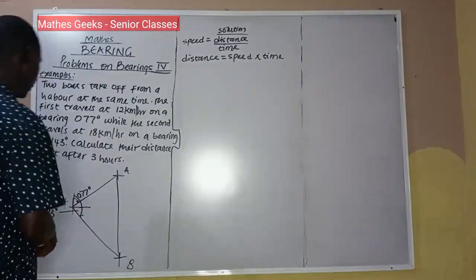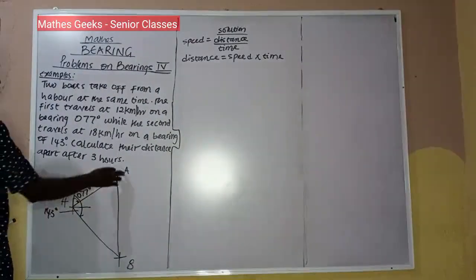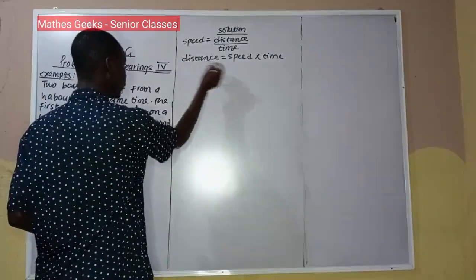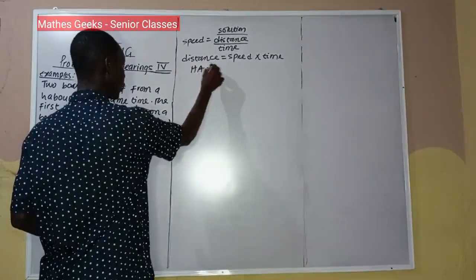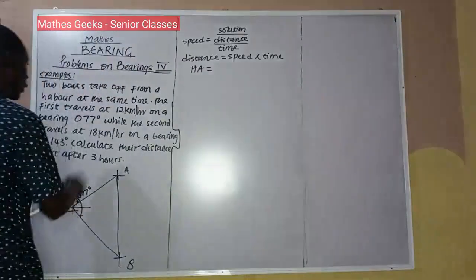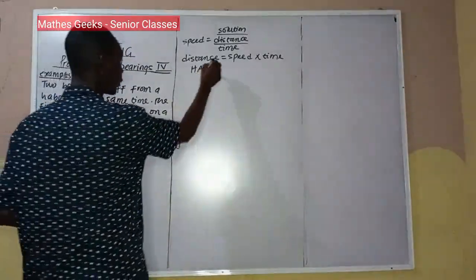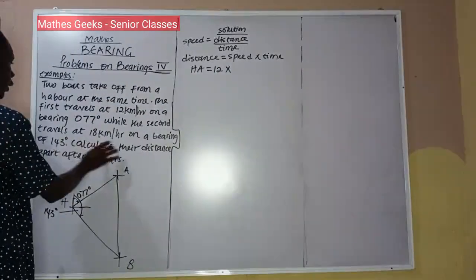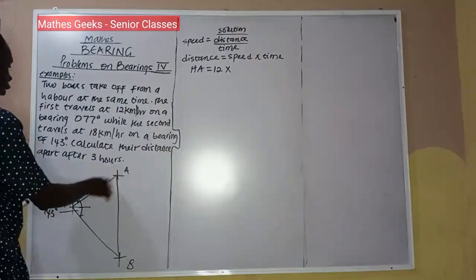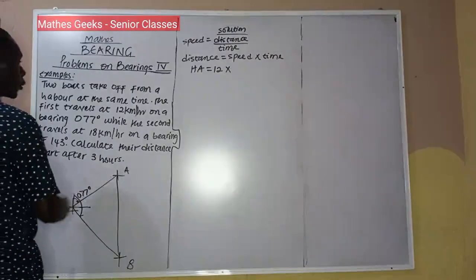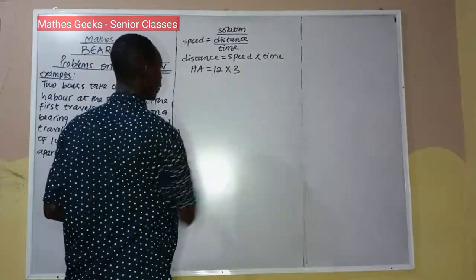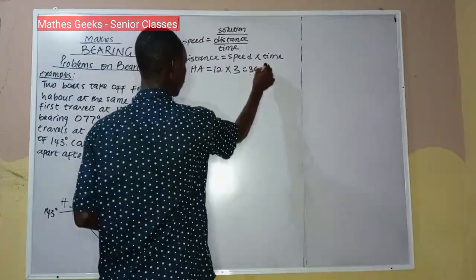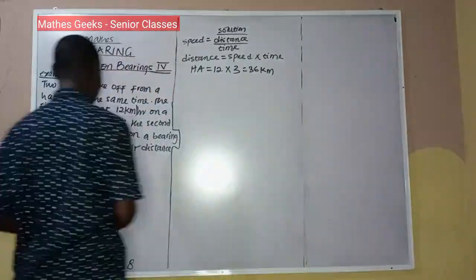The distance between H and A: distance HA is equal to speed, 12 kilometers per hour, times time. Calculate their distance apart after 3 hours, so 3 hours is the common time. So 12 times 3, that's 36 kilometers.